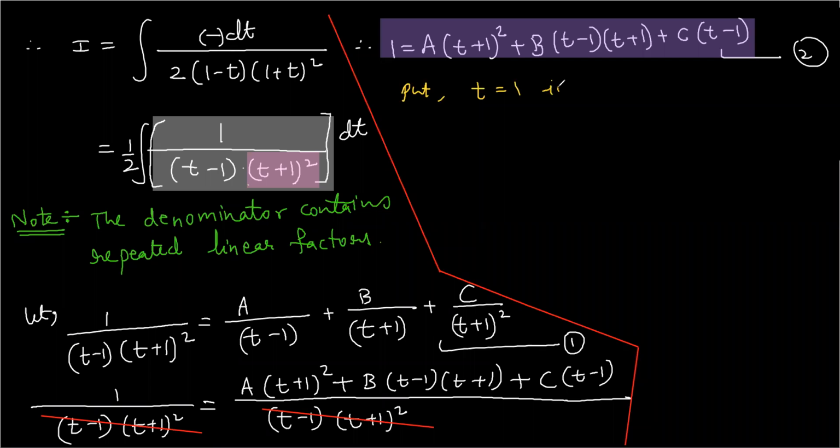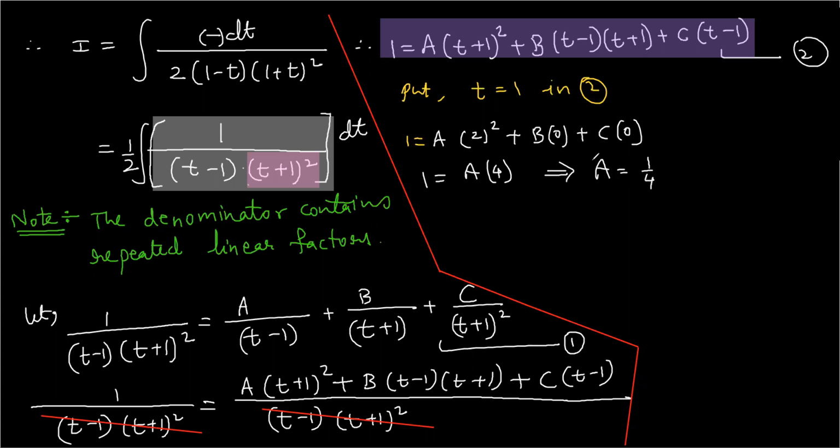Therefore 1 equals a into t plus 1 square, that is 2 square, and b multiplied with 0, because when you put t as 1 this goes 0, and c into 0. So what is the final answer? You get a into 4 equals 1, so a is 1 upon 4. I got the value of a.